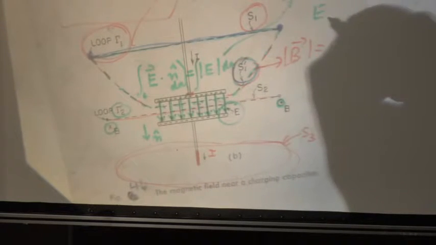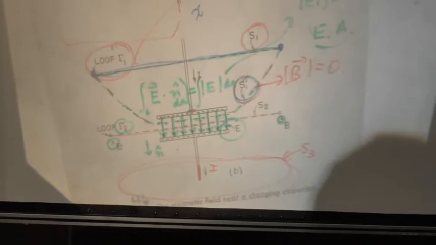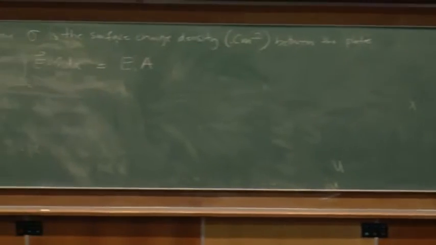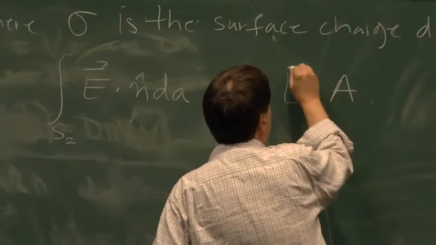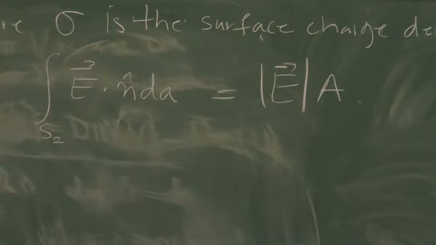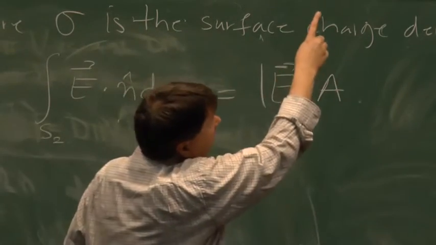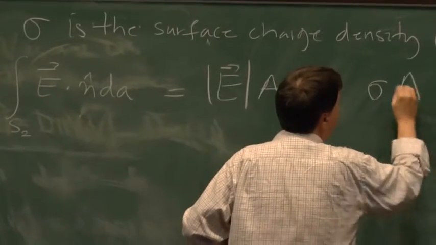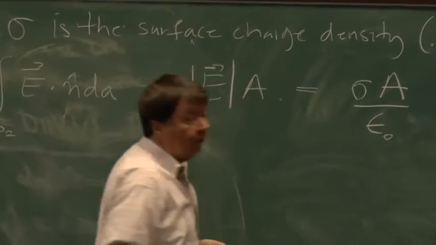So this whole thing is just E times the area of the plates. We've used this argument so often. Strictly speaking I should write it as E times A, and we know in between the plates E is sigma over epsilon naught, so this is sigma A over epsilon naught.